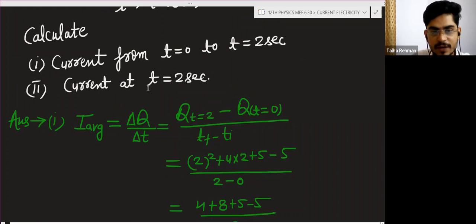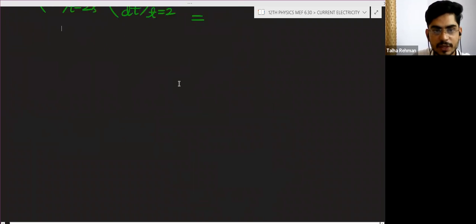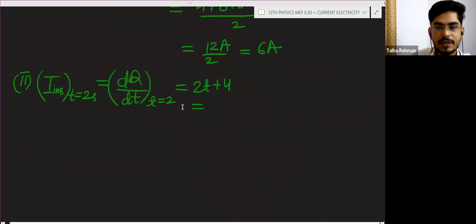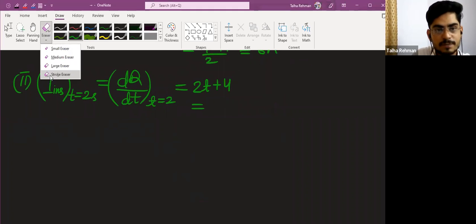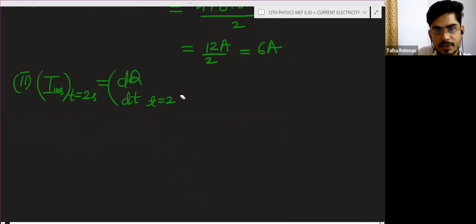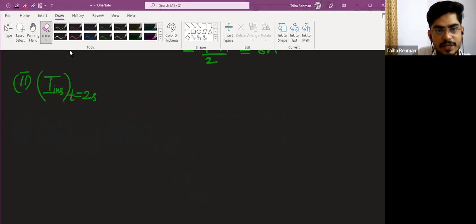So we have to find the current at t is equal to 2 seconds. Now see what I want to explain to you. I have to find the instantaneous current.